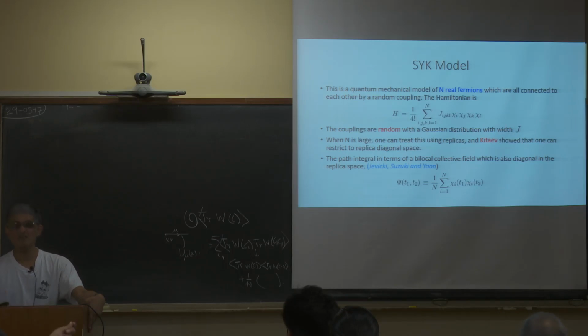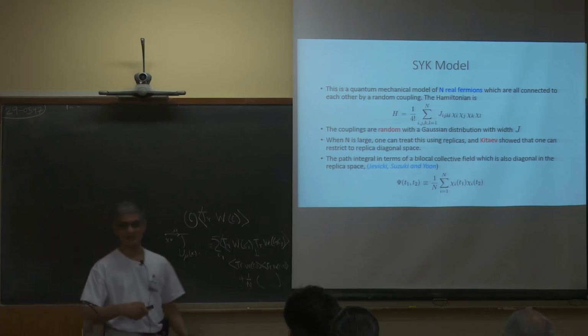But there is no symmetry to begin with, because J_ijkl are random couplings. It is only after you perform the averaging over the random couplings that... I am saying there is no space time associated. No. So it is internal in the sense that it is not. Absolutely right. I should have said not internal, but internal symmetry index. It became a symmetry index after doing all that.